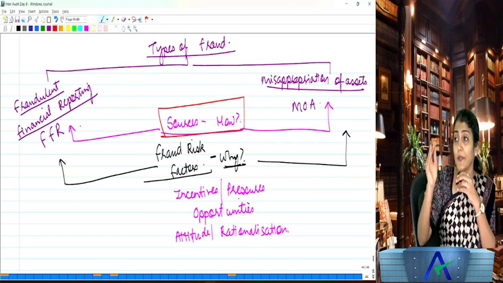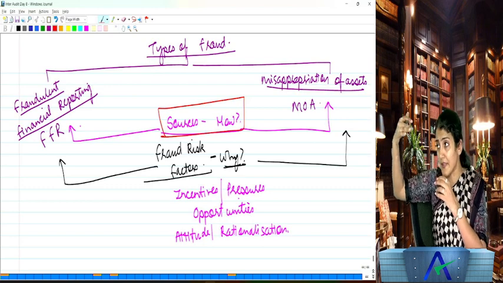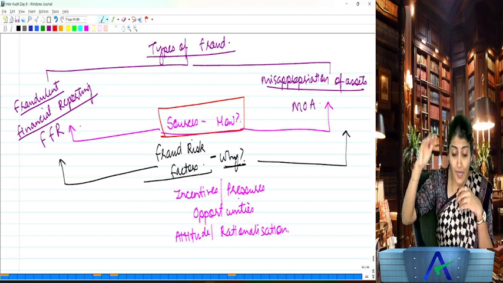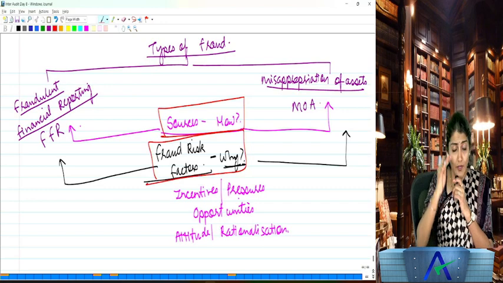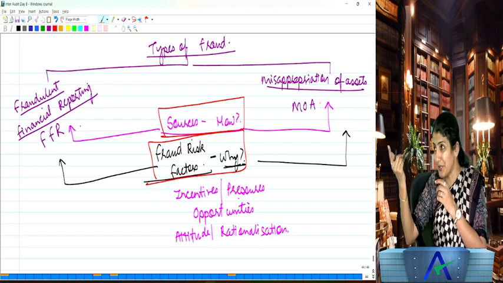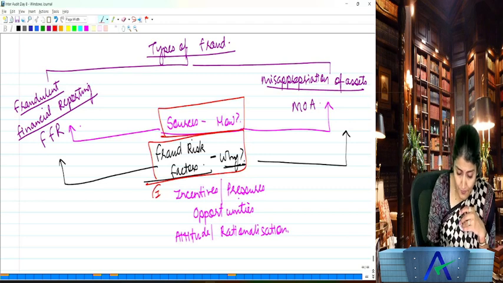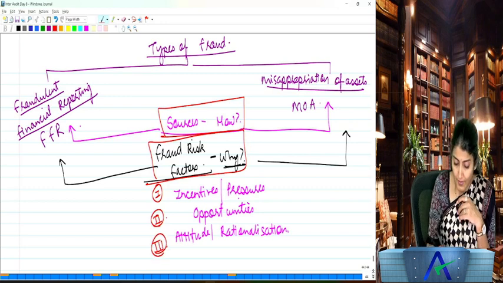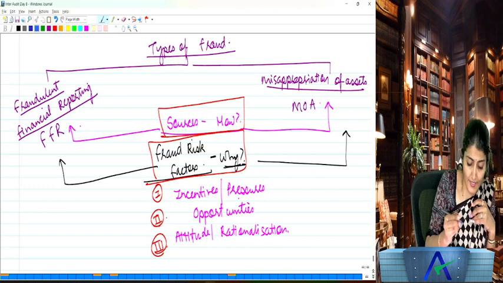How would a company do the fraud in the accounting, and how would a company do the misappropriation of the asset? Now what we are discussing, why would a company do the fraud in accounting, or why would a company do the misappropriation of the asset? And under each one of them we have three. What are the three? Incentive, pressure, opportunities, and the attitudes and rationalization.